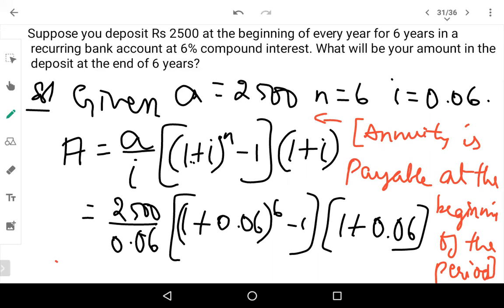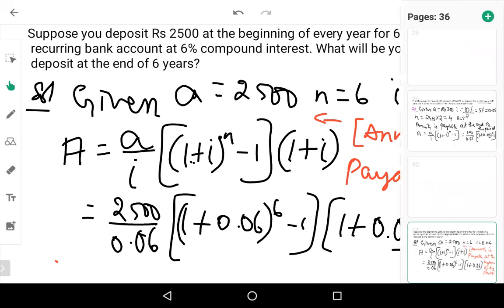Now let us simplify this annuity problem. If you see here, 2500 divided by 0.06 will give me 41,666.666, and then this will become 1.06 to the power 6 minus 1, into 1.06. So let us simplify this on the next page.